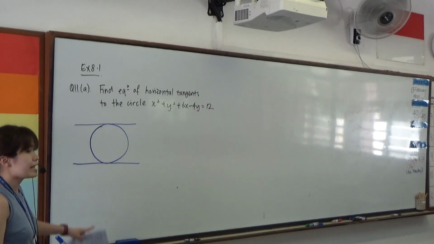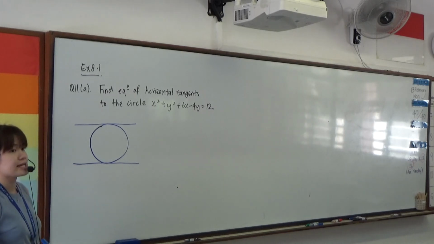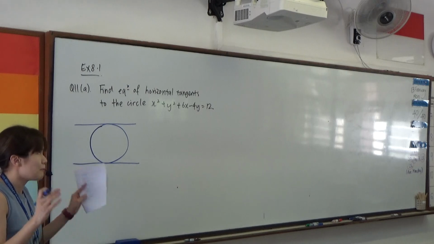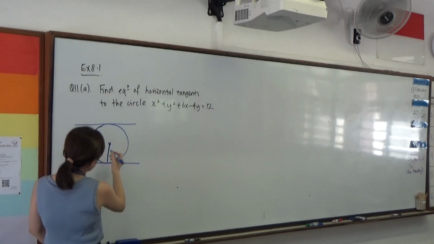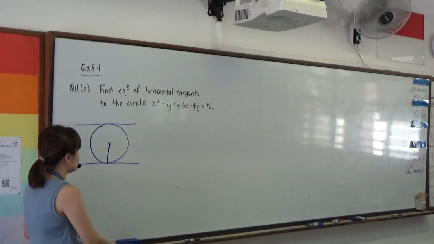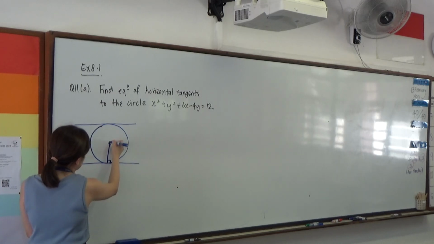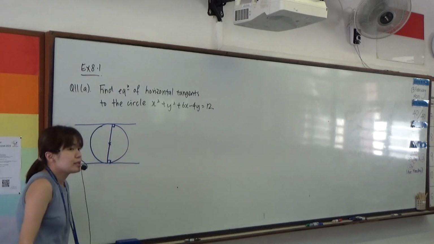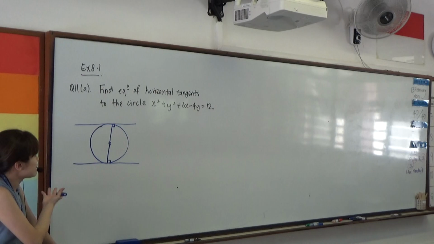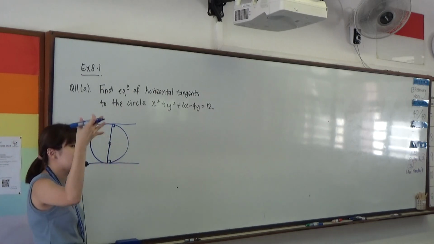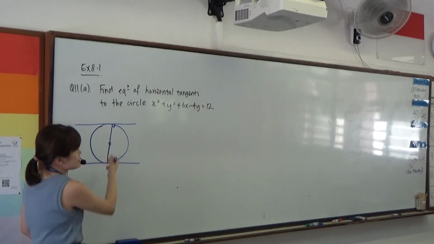Being tangents, they must satisfy the property of tangent perpendicular to radius. From the center, if I draw the radius down, it must be perpendicular like this. Since we're looking at horizontal tangents, they must be directly below and above the center.